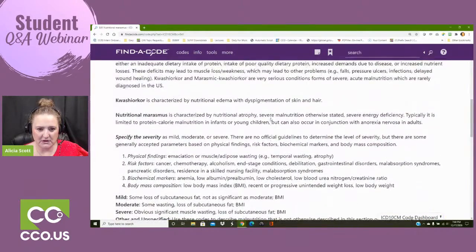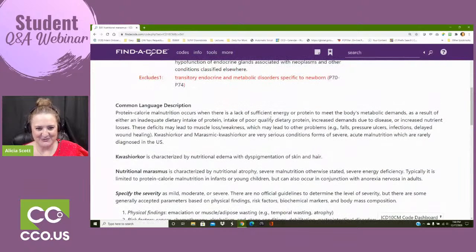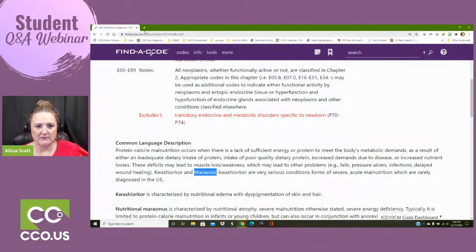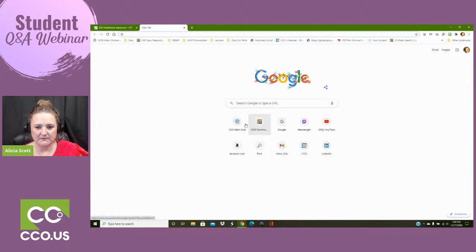I can't remember. Ooh, Jane, you're making me think. Oh, wait, look, both of these are very serious forms of severe acute malnutrition, which are rarely diagnosed in the U.S. Okay, so let's just take this word and find out what that means more specifically.